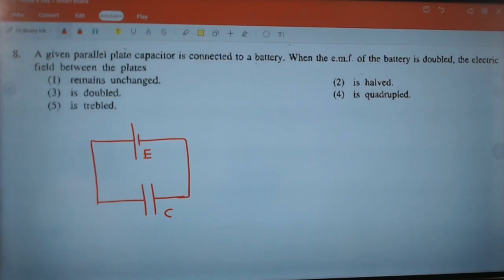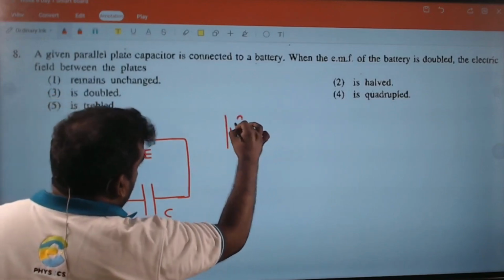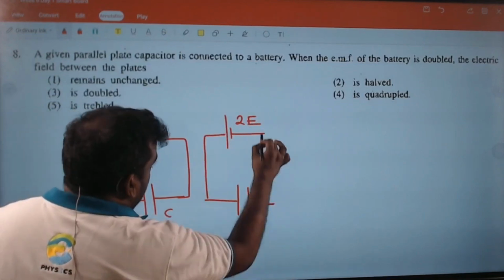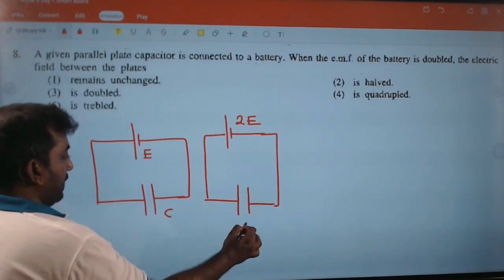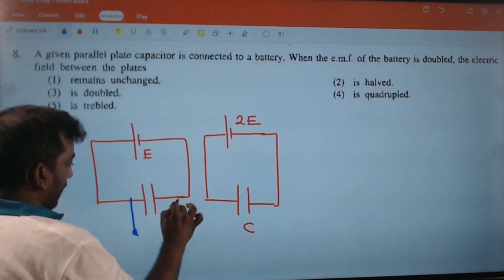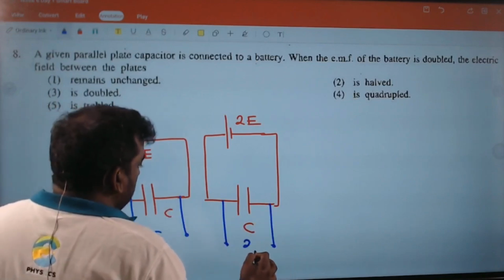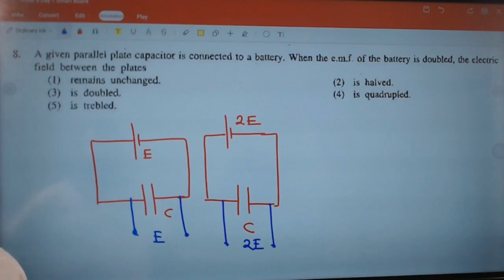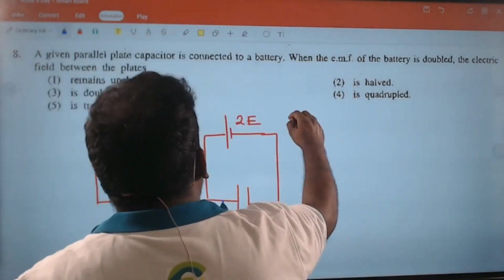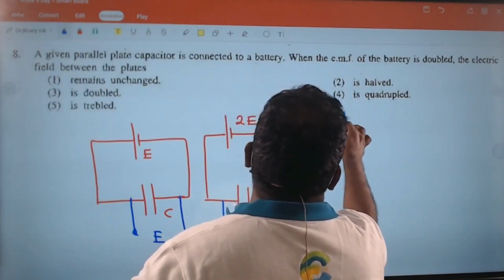So when the EMF of the battery has doubled, the potential difference across the capacitor also will double. So if you look at this carefully, here potential difference is E, here potential difference is 2E. So the electric field between the plates, electric field is equal to potential difference divided by distance.